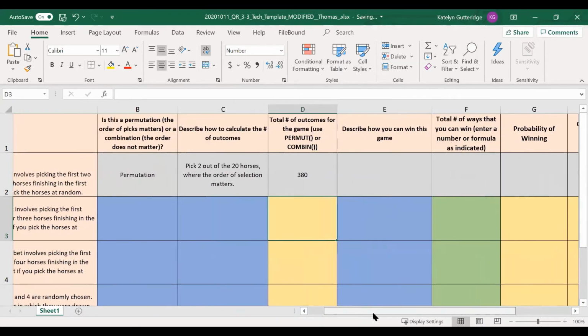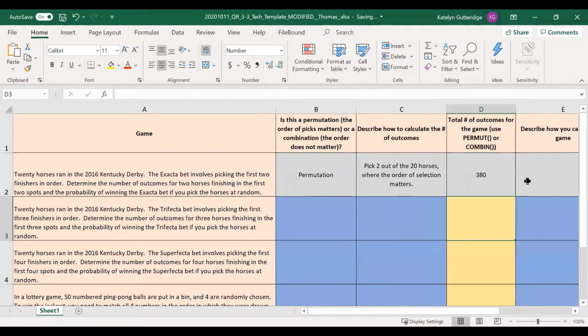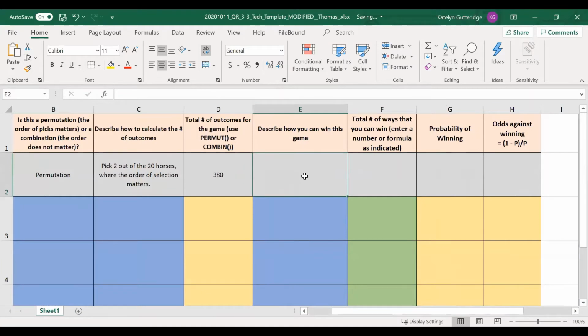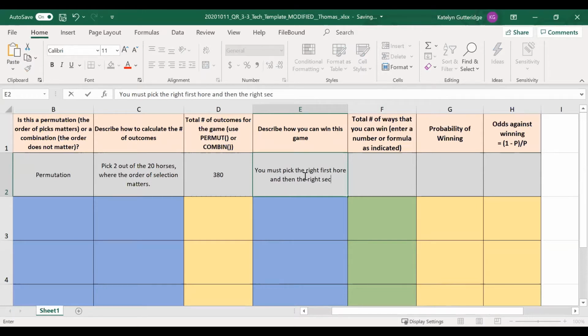Okay, so then describe how we can win this game. So this description, any kind of description that describes what needs to be done to win this game. So we must pick the right first horse and then the right second horse. That is one way of phrasing it.